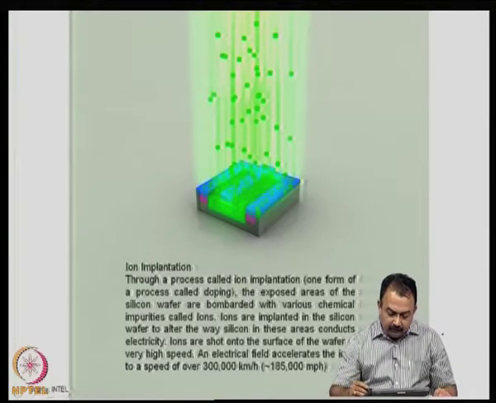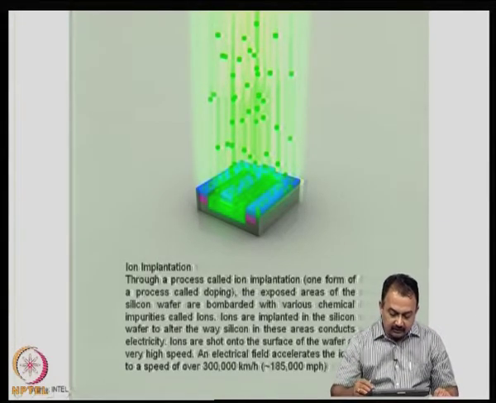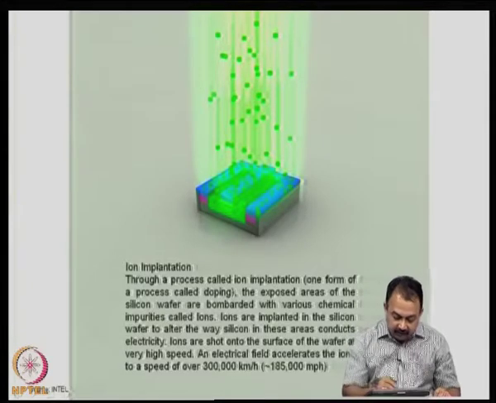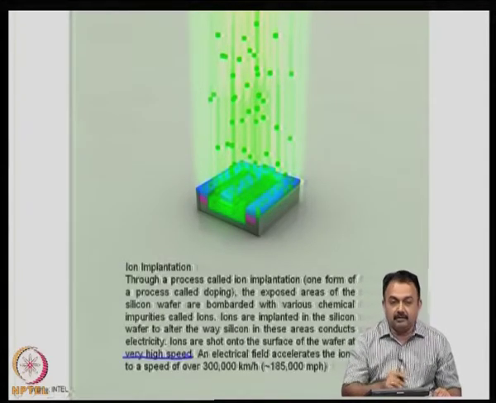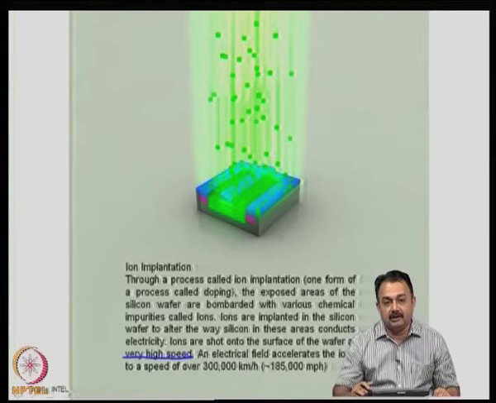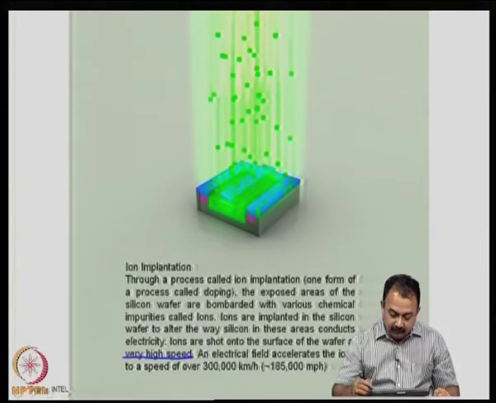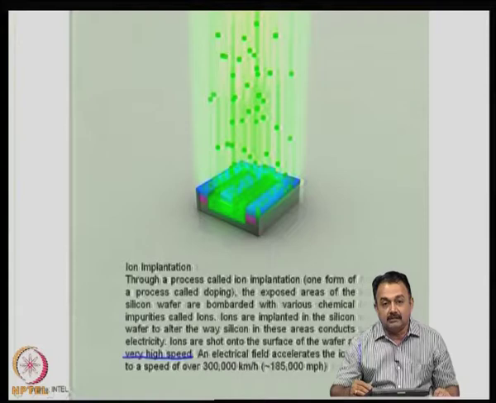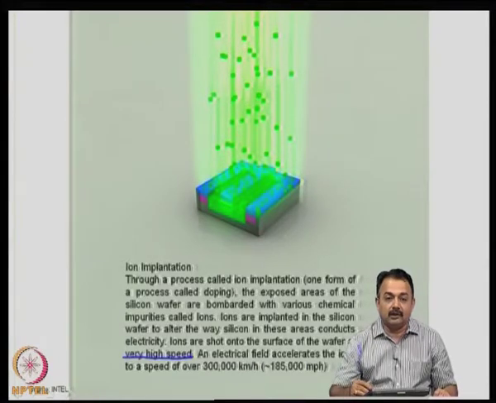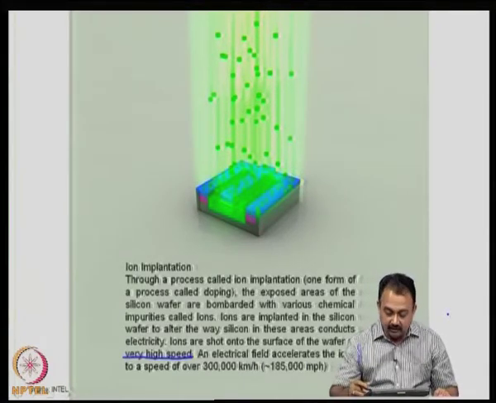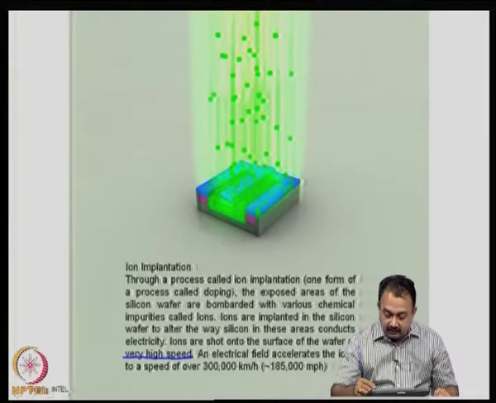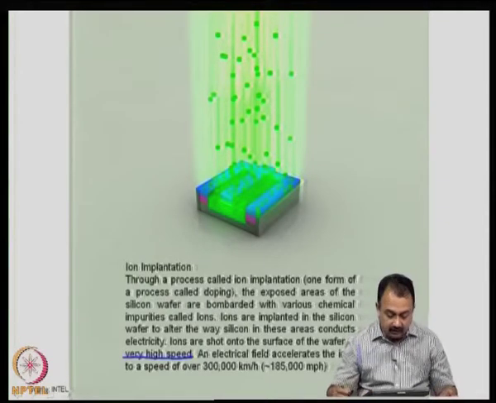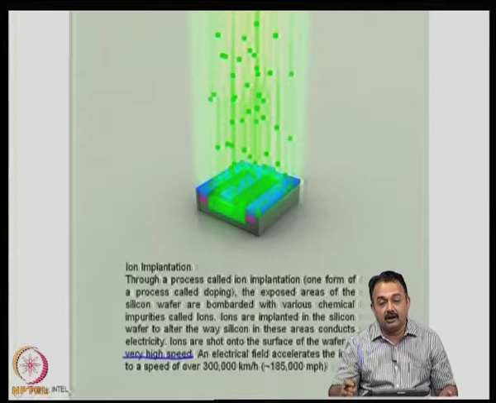So, if you look at this, ions are shot onto the surface of the wafer at very high speed. It is a bombardment that takes place, only then the doping or implantation can take place. The electrical field accelerates the ions at a speed of 185,000 miles per hour. So, it breaks into the crystal lattice and then it creates a new environment for improving the conduction property.